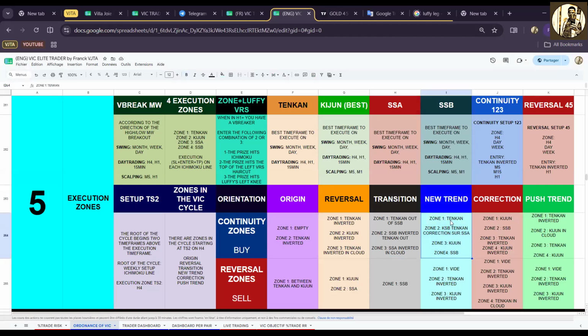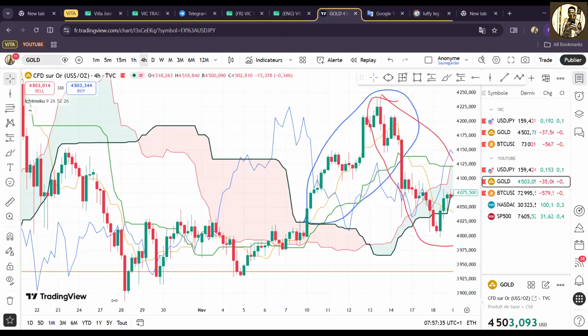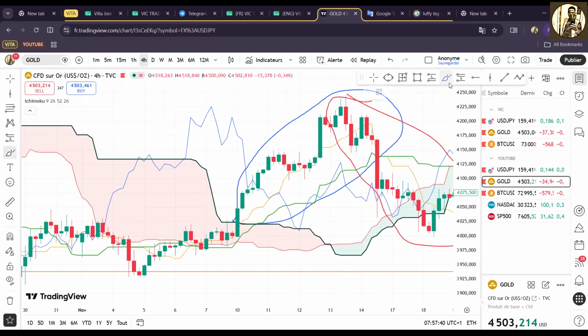The zones for continuity are Tenkan, Kijun, SSB, and SSA when the price touches SSA. So, for example, you see this one, right? You have zone of continuity is Tenkan. When Tenkan is touched, it has 100% probability to go to the upside.